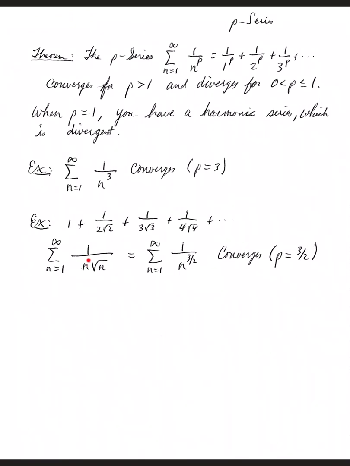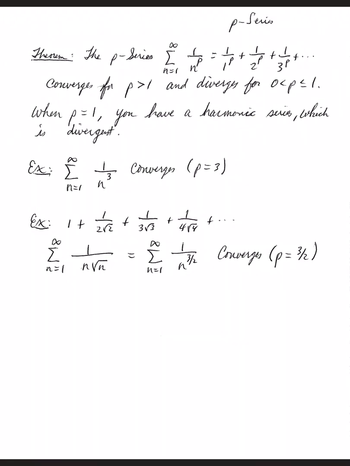This n has a positive 1 for a power. This n can be written as n to the 1/2. Since these are multiplied, 1 plus 1/2 is 3/2. That p-value is 3/2. That's greater than 1, so this infinite series, which happens to be a p-series, converges also.